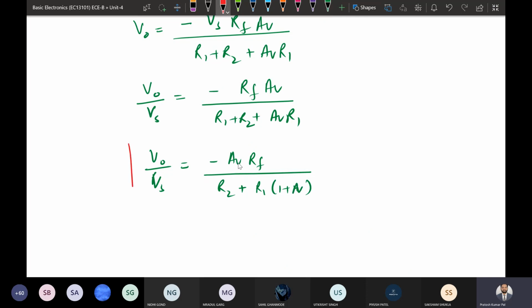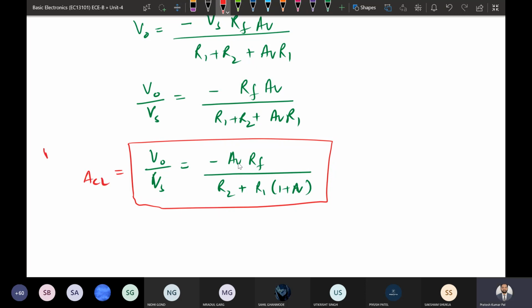So this is the output divided by input, that is gain. So it will be your closed loop gain, and this closed loop gain is the exact one, meaning there is no assumption of virtual ground.